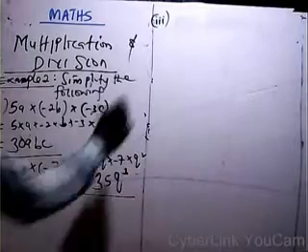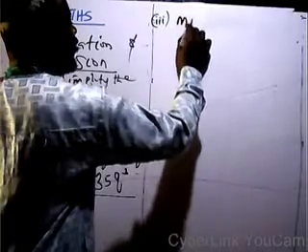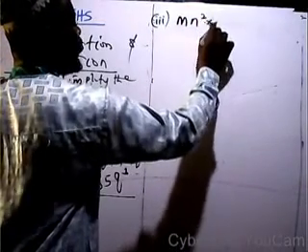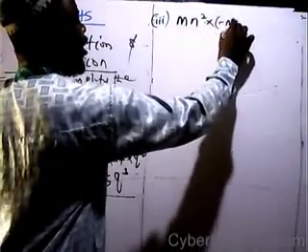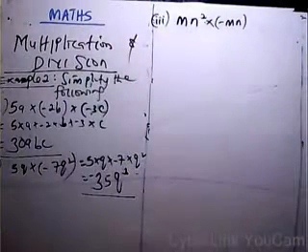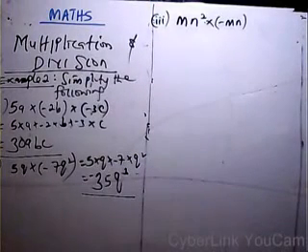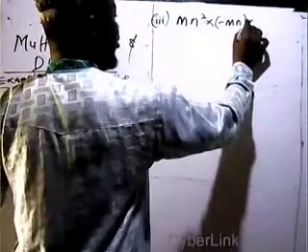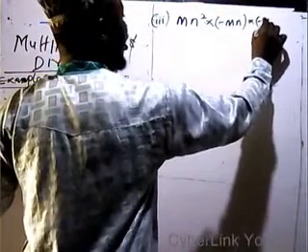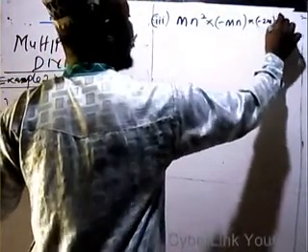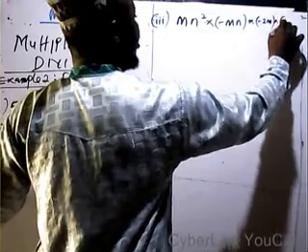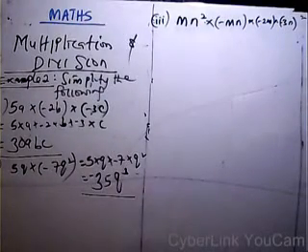So we have mn squared multiplied by minus mn, close the brackets, multiplied by minus 2n and minus 3mn.